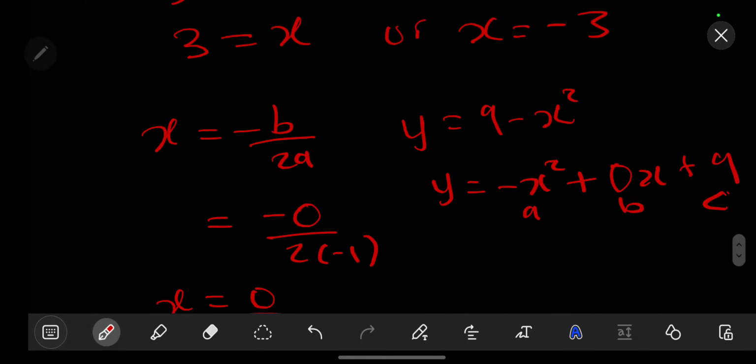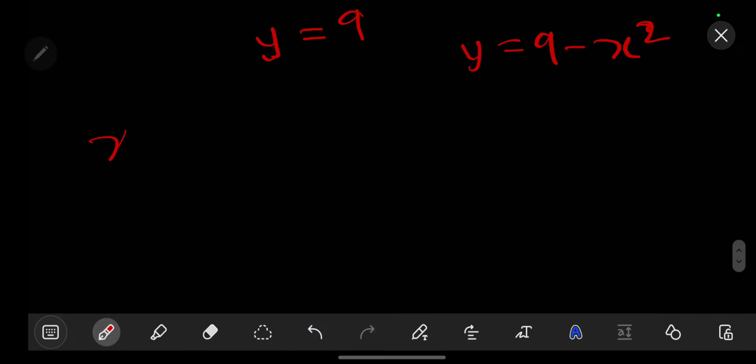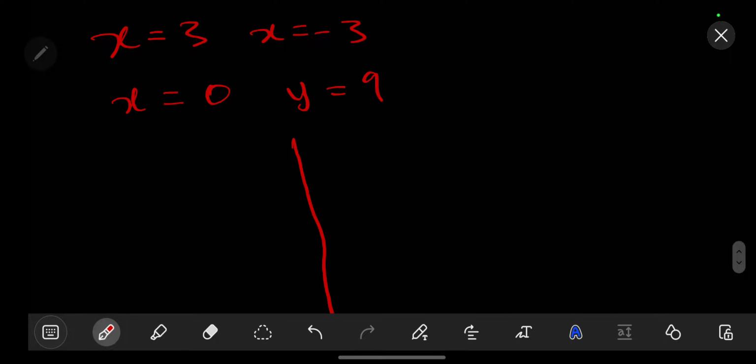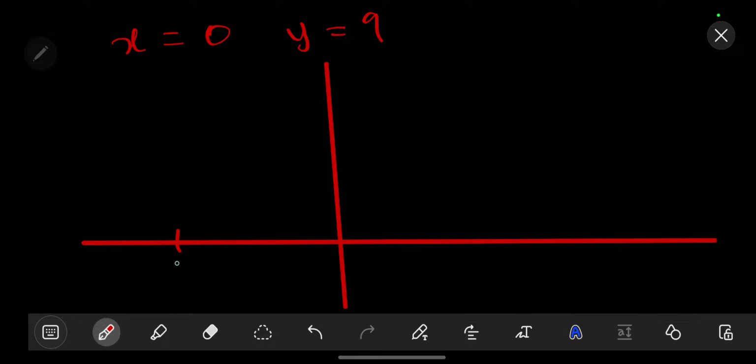So to draw this simple graph, we have x is equal to 3 and x is equal to negative 3 as our intercepts. Then we also have x is equal to 0 for the turning point, and y is equal to 9. So we are going to draw our graph like that. We have our negative 3 and a positive 3, then we have y equal to a positive 9.